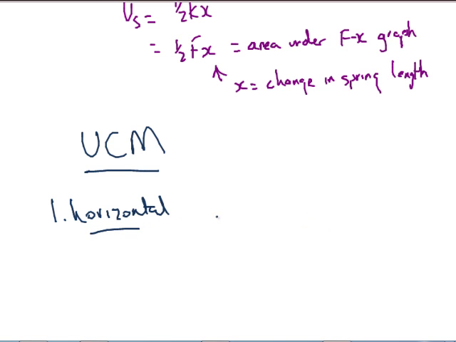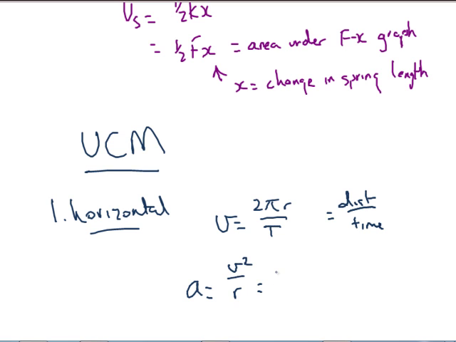So we had v equals 2 pi r over T, where T is the period in seconds. And really all that is just distance over time. We're travelling in a circular path. a equals v squared on r, which is 4 pi squared r over T squared.